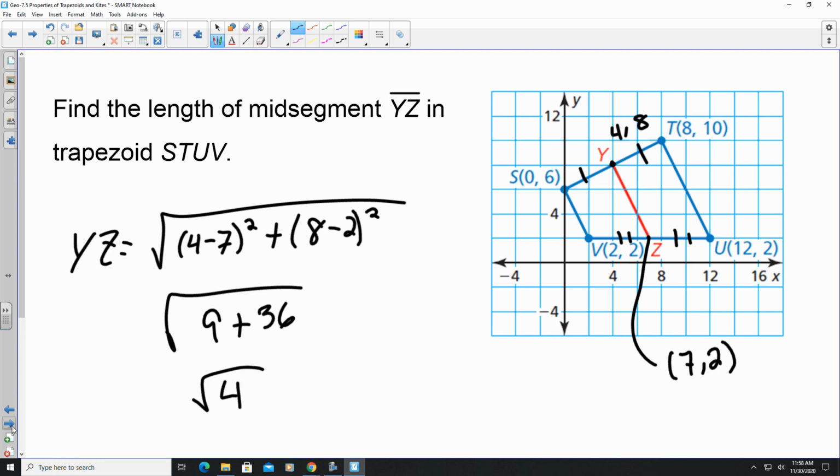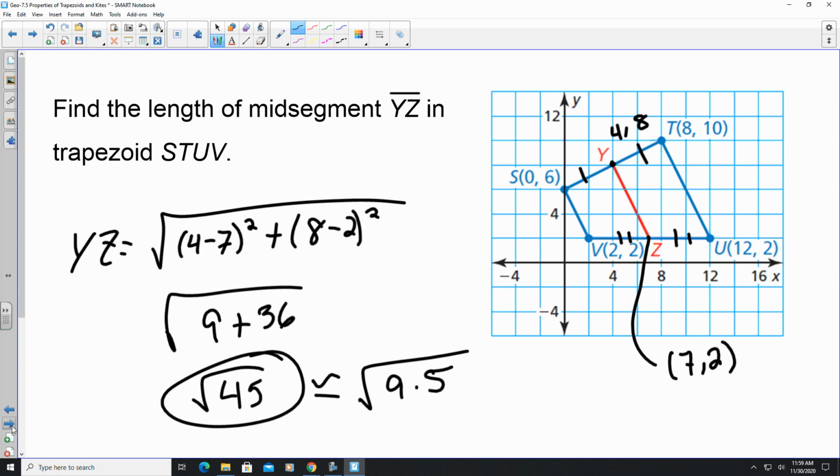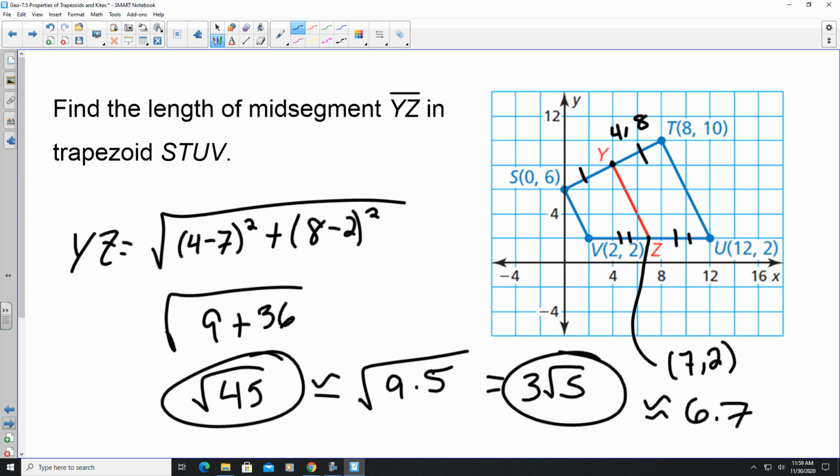So I get the square root of 45. I guess we can simplify that. That's 9 times 5, which would make it 3 times the square root of 5. So that is my simplified one. If you're looking for the nearest tenth, it would be about 6.7.